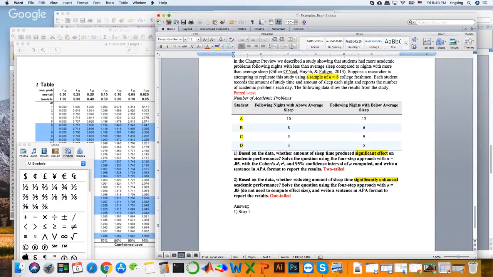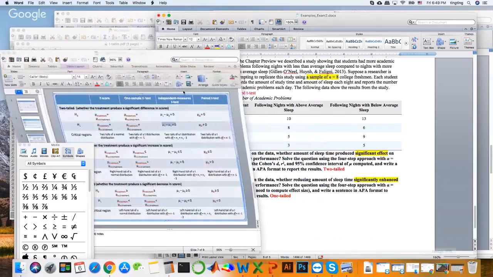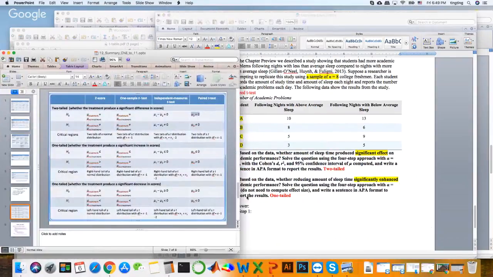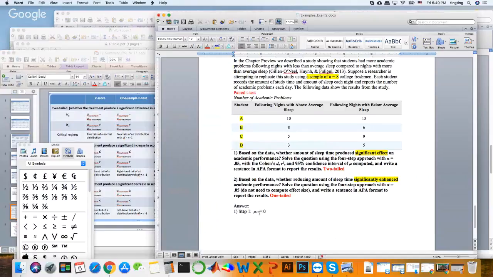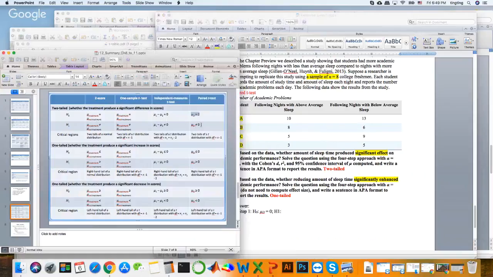Four-step approach. State the hypothesis. Copy. The null hypothesis means the difference score equals 0. So the alternative hypothesis is the D score is not equal to 0.